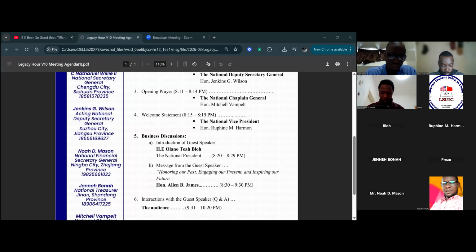My administration led the Liberian Students Union during a period of growing Liberian Students Union across multiple Chinese provinces. The union served as a central body for student welfare, cultural representation, and coordination with the Embassy of Liberia in China. At the same time, China-Liberia relations were strengthening, creating more academic opportunities, but also increasing expectations for student organization, discipline, and representation.